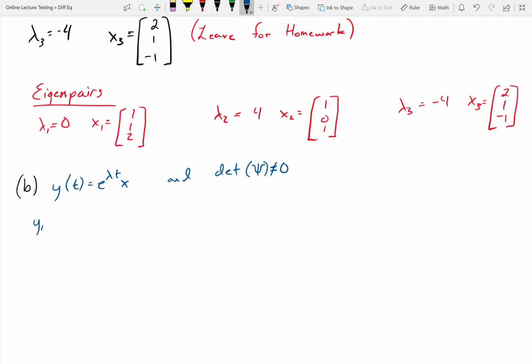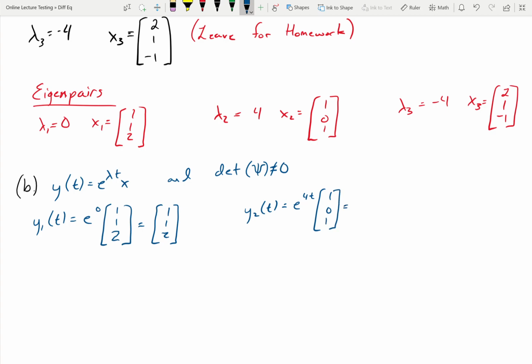So y1 of t is equal to e to the 0 times the eigenvector, which leaves us with just 1, 1, 2. y2 of t is equal to e to the 4t times 1, 0, 1, leaving us the solution of y2 equal to e to the 4t, 0, e to the 4t.